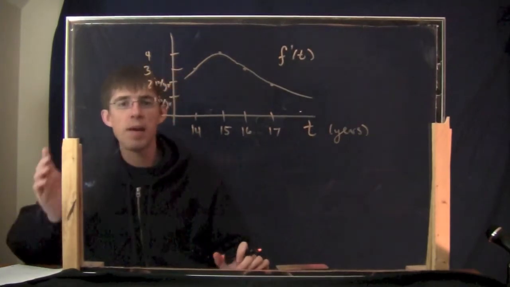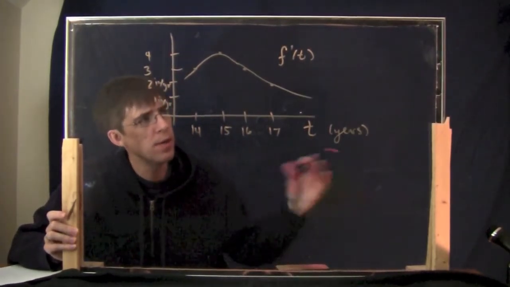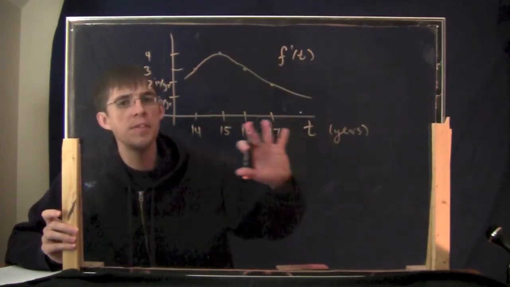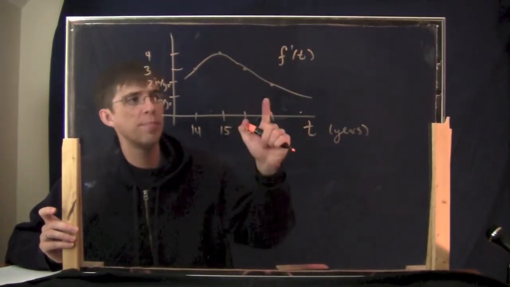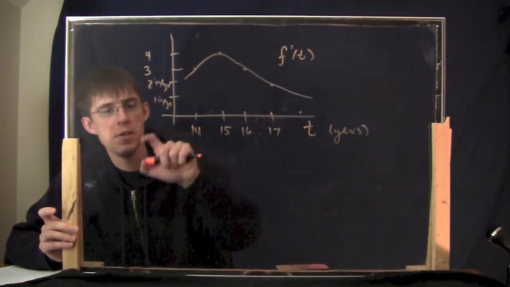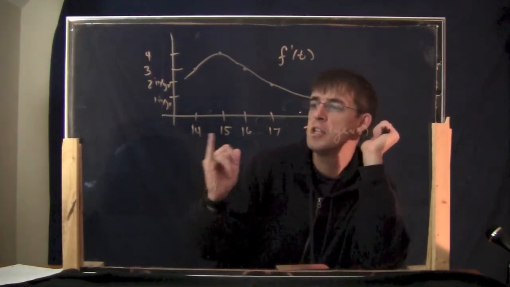Let's imagine that this is a piece of my graph for the derivative. See the prime there? This graph represents how fast I was growing in terms of inches per year. You can see the units there. How fast I was growing in terms of inches per year in each year of my life.